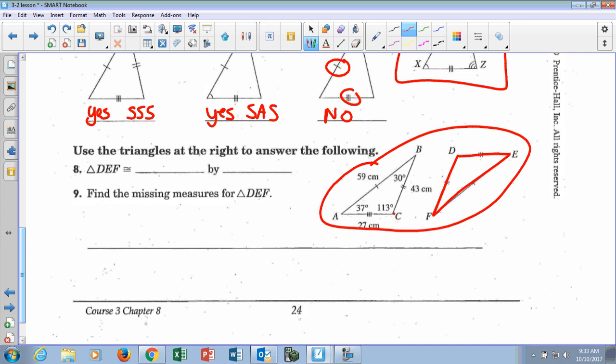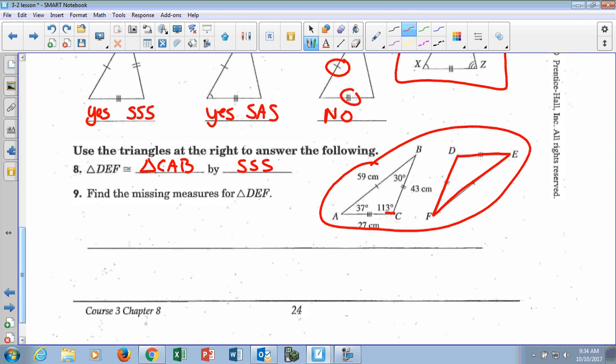C, A, B. Right, good. So it's congruent to triangle CAB, so triangle CAB, by what? Look at the 2 pictures. What are they telling you that why they're equal? Aiden? By side, side, side. Good.